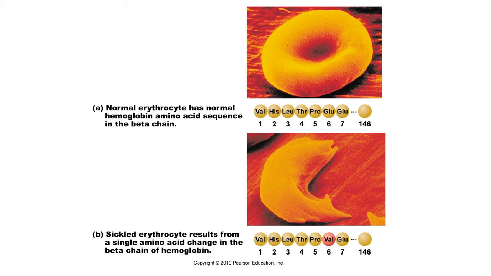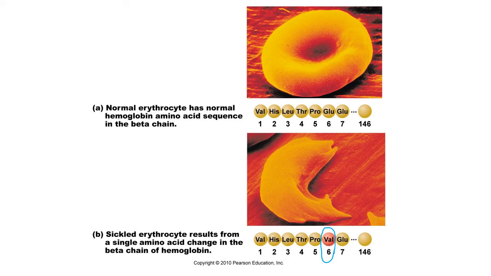And so here for sickle cell, we have a variation in the cells. We have a normal red blood cell up at the top, and then we have a sickled cell down at the bottom. And what this comes down to is just a single amino acid. One single amino acid has been changed in the genetic code, and that causes the change in the proteins that are then formed.